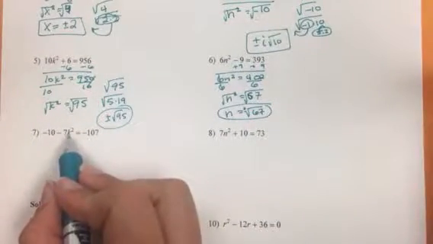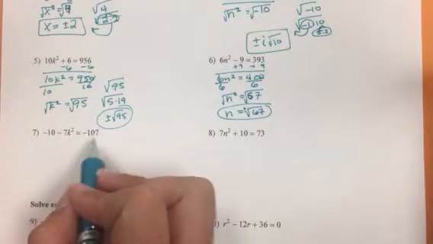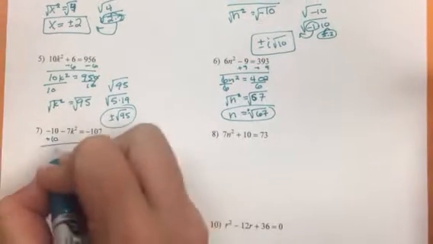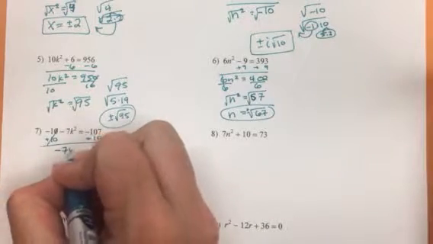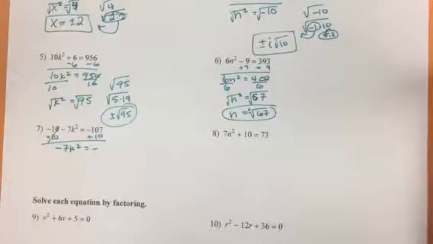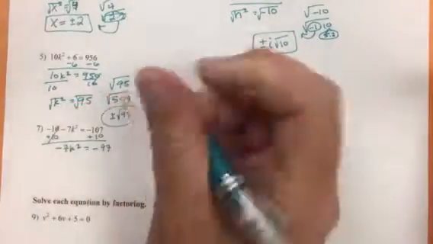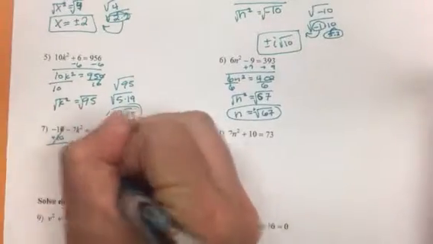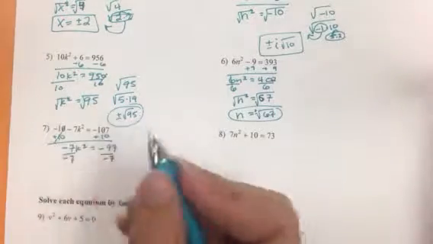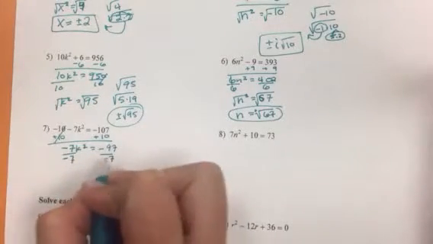K squared, I want it by itself, so I'm going to try and move this negative 10 away. Add 10. Negative 7k squared equals negative 107 plus 10 equals negative 97. Divide by negative 7. Is a decimal, so I'm going to leave it.